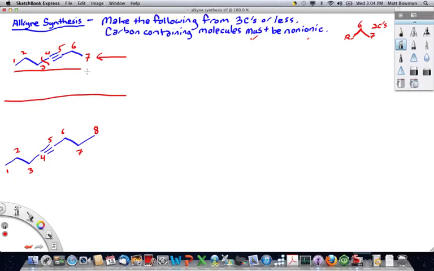We can do it a systematic way of doing one, then the other, just like what we did above, or what we could do is actually put both of them on at the same time. The way we do that is we split them both. We have a sodium on one side and a sodium on the other side, like so.